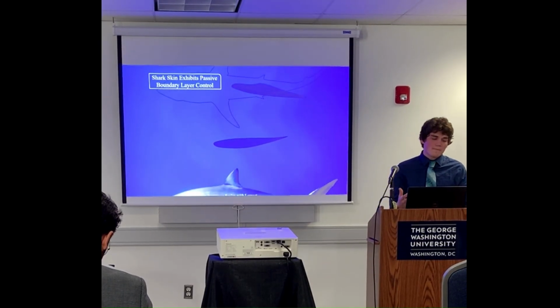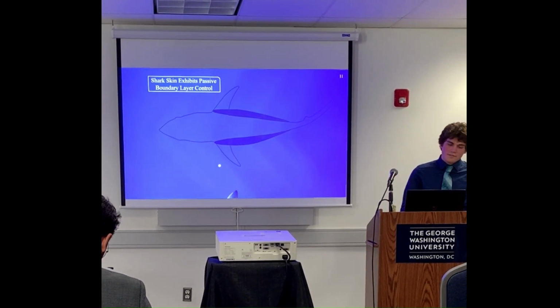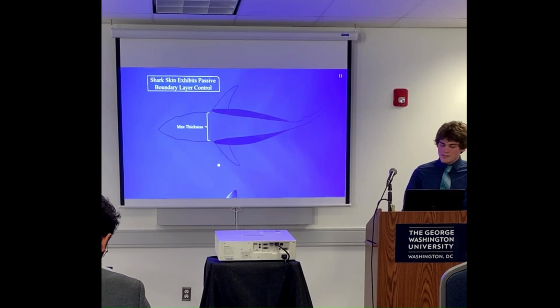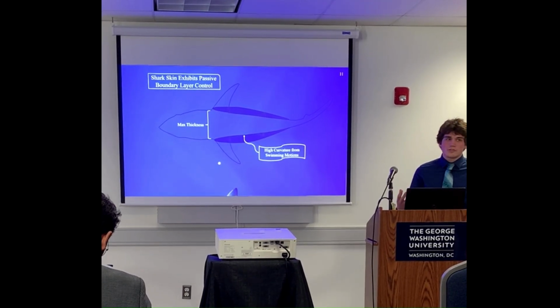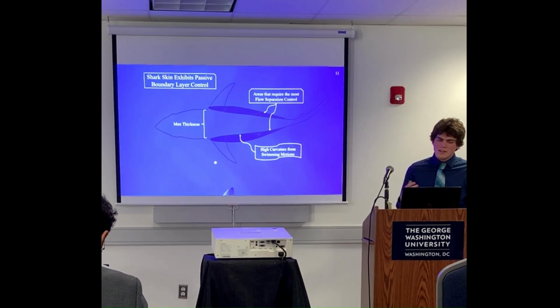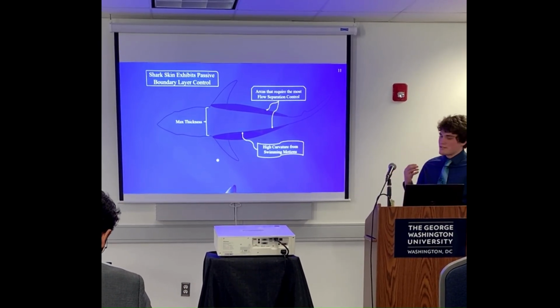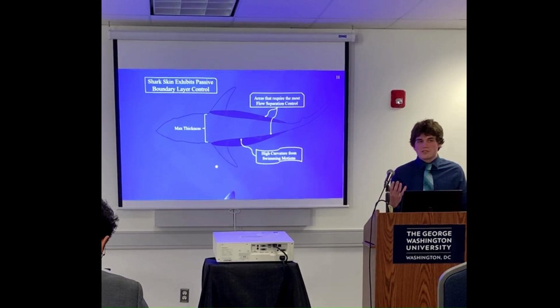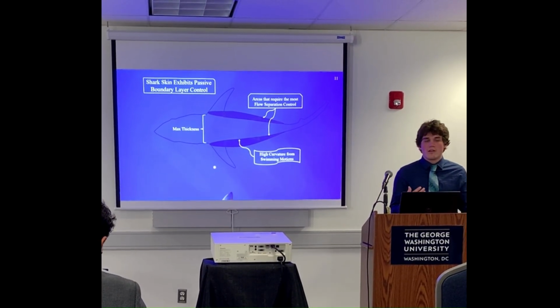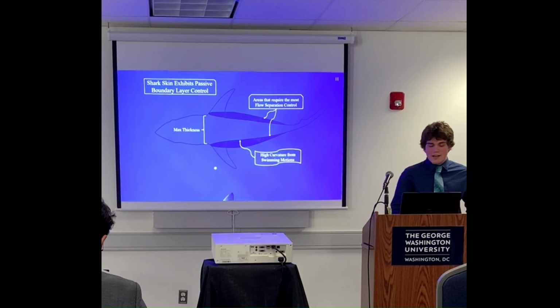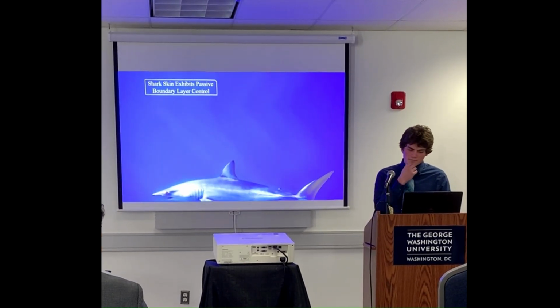If you view it from the top, that is right after the area of maximum thickness, and you have a lot of high curvature from the swimming motions. So these two areas are where we would expect to see a lot of flow separation, and they would require the most control. So it's interesting that coincides with the denticles that have the highest bristling angles.